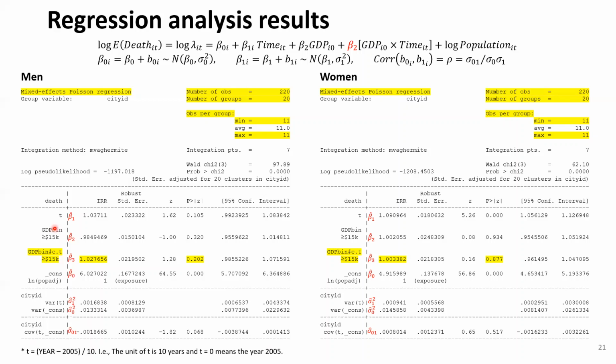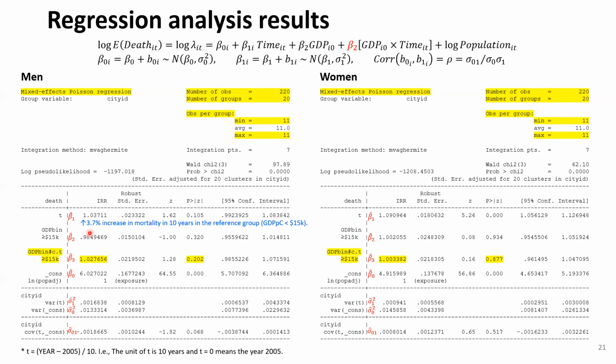When we interpret this t, there was a 3.7% increase in mortality in 10 years in the reference group, which is cities with GDP per capita less than 15,000.